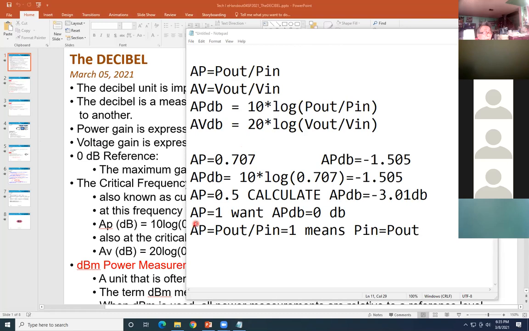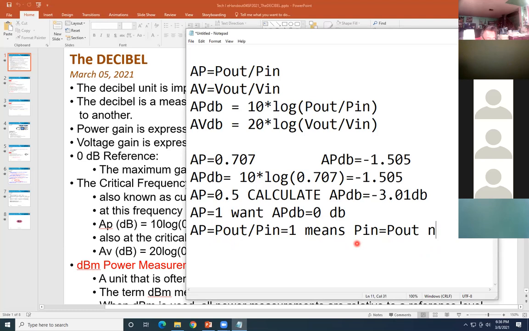But I want to make sure you understand. AP equals 1, and I do the calculation for the dB. I get 0 dB. When you get 0 dB, what does that mean to you? AP equals P out divided by P in equals 1. That means input and output are the same.